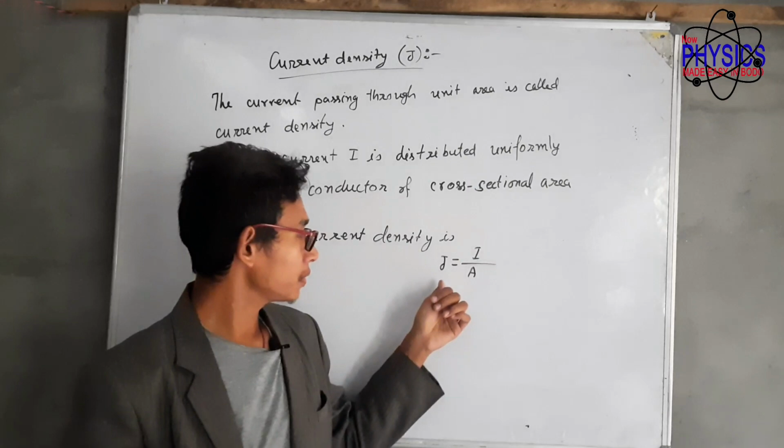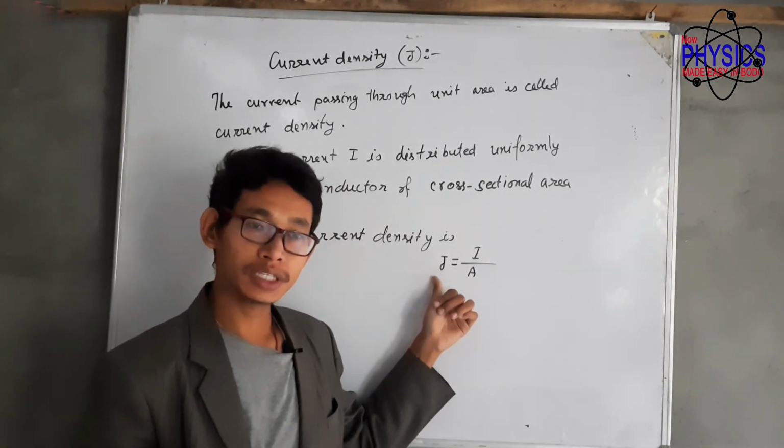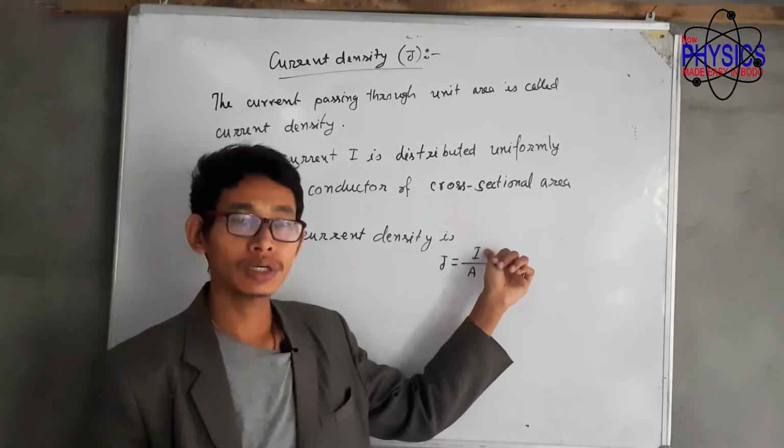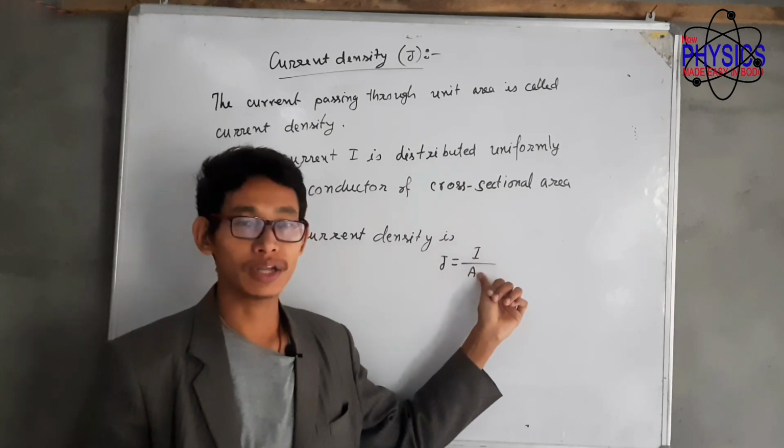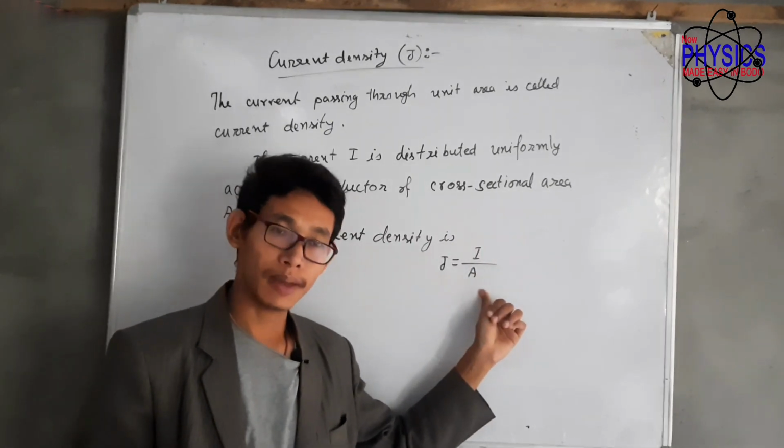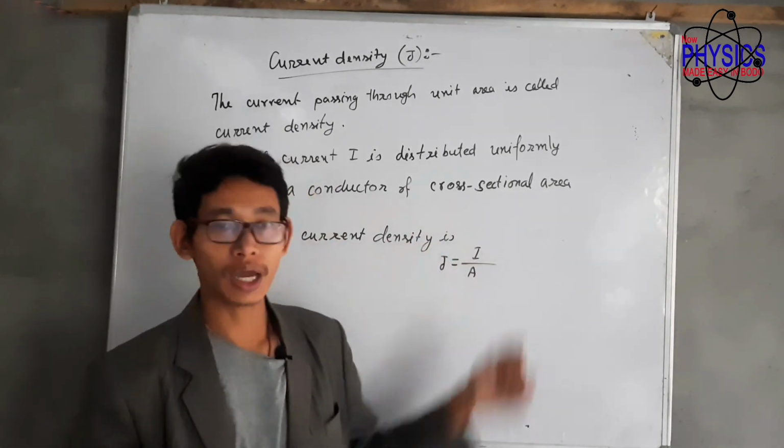By definition, current density is current passing per unit area. So current divided by cross-sectional area, this is your current density.